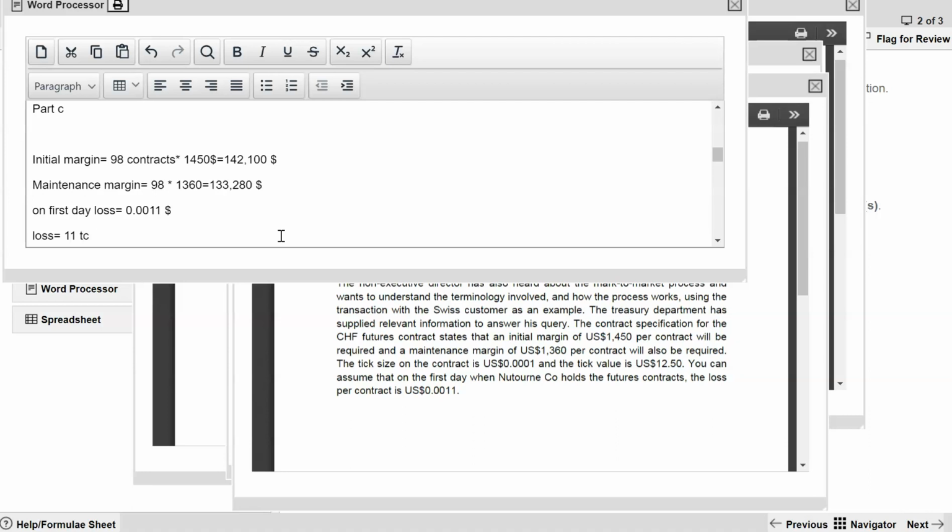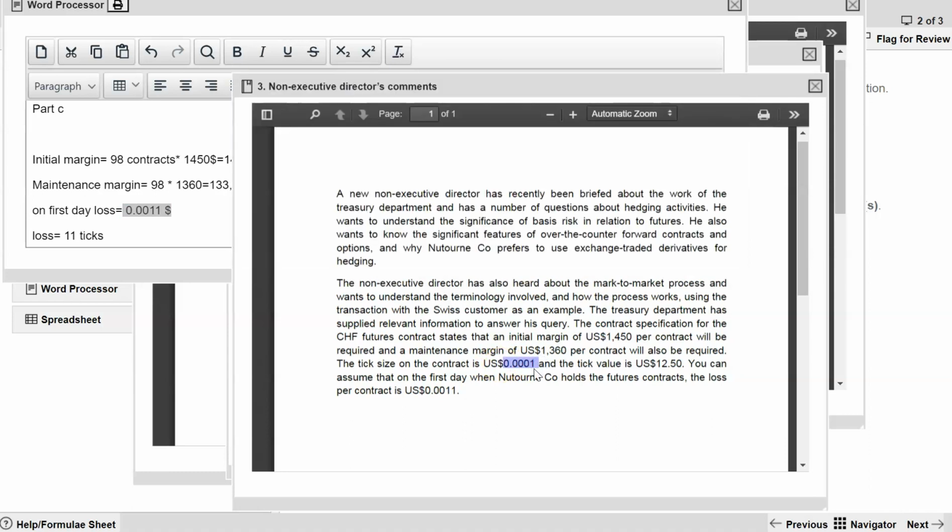How have I converted into ticks? I have divided this loss by the tick size, that is 0.0001. So 11 ticks is the loss, into tick value 12.5, into number of contracts that is 98.